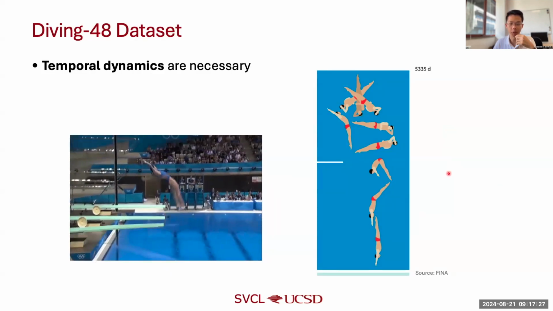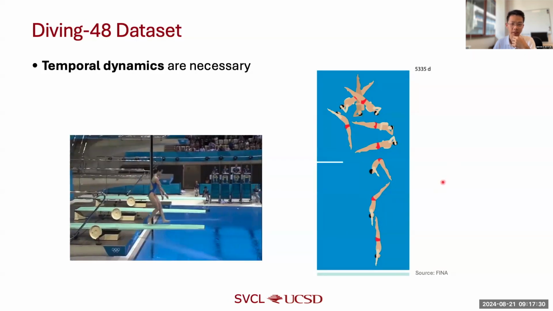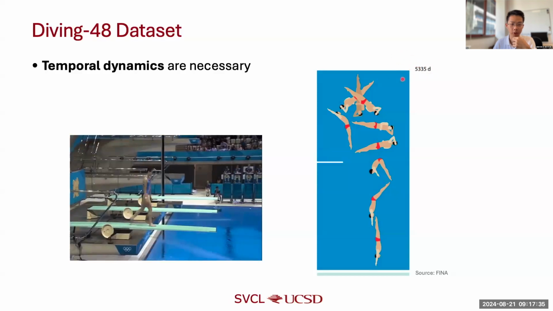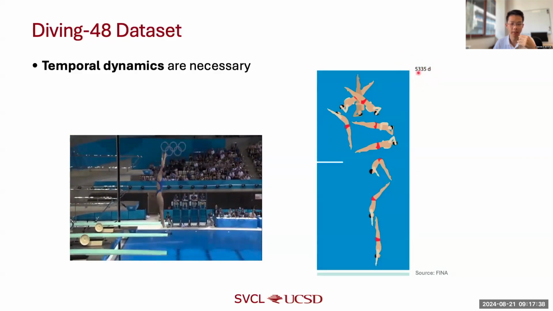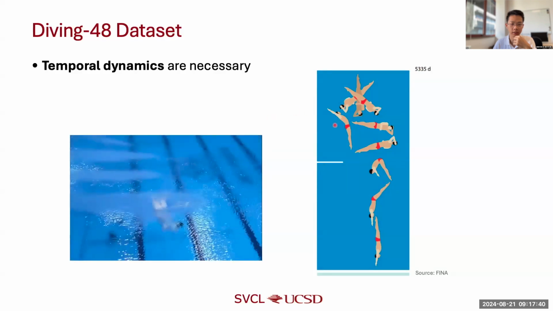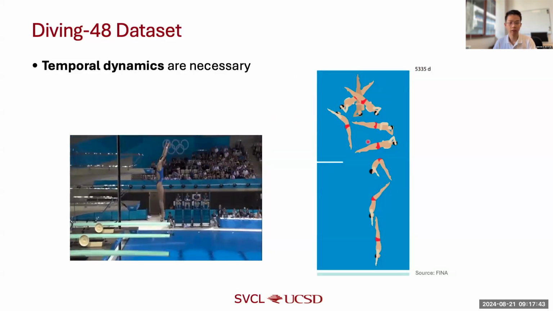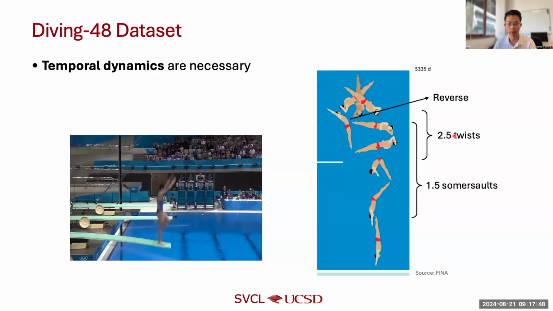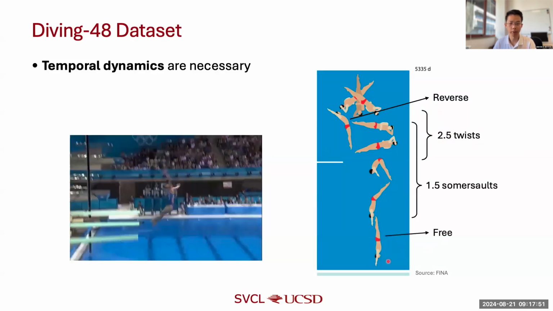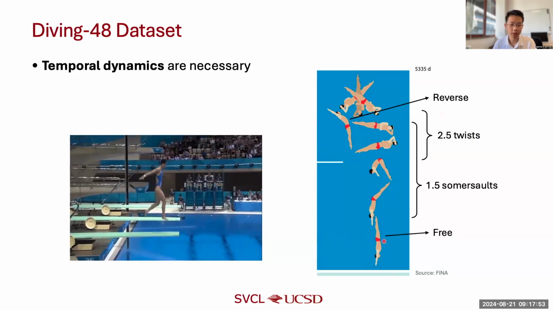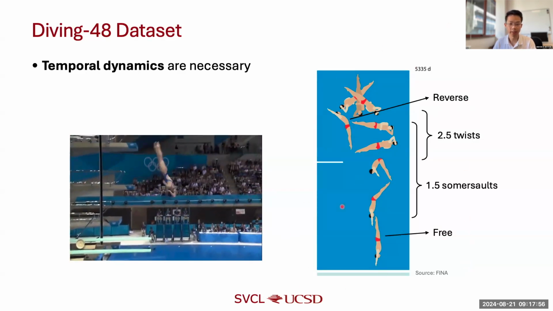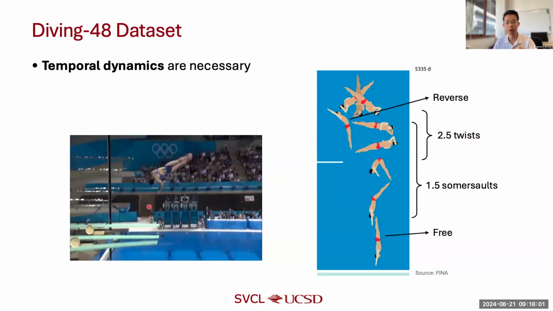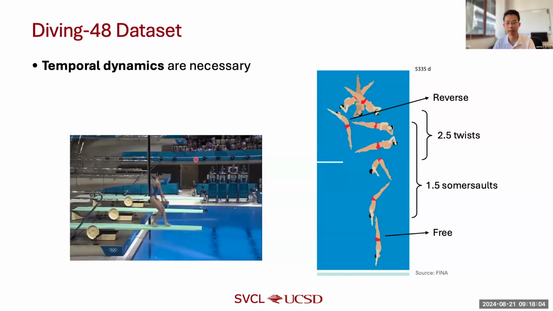If you've just watched the diving in the Olympic Games, you may know that a dive, which is specified by a dive number like this, depends on the combination of take off from the board, the number of twists and somersaults during the flight, as well as the entry position into the water. So this means that recognizing a dive like this requires a holistic understanding of the video on the temporal level, and there are no scene or object biases that give away the answer.